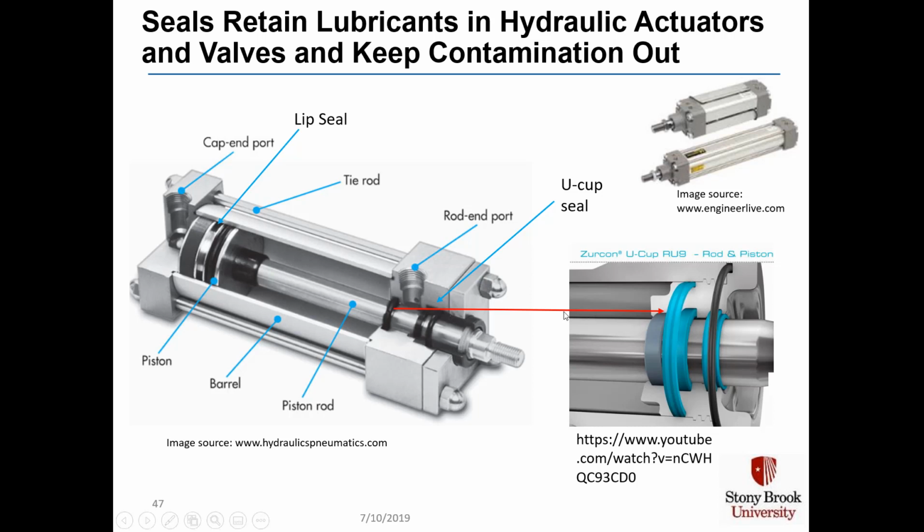So these seals, known as U-cup seals, here's a nice picture of one in blue, and in the diagram they're shown in black, are used to keep the oil in place even when the seal itself is in motion because it's attached to the piston. You can watch this video on the bottom. We'll show you how those U-cup seals work.